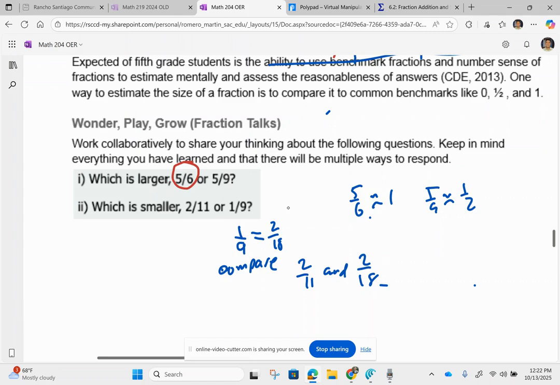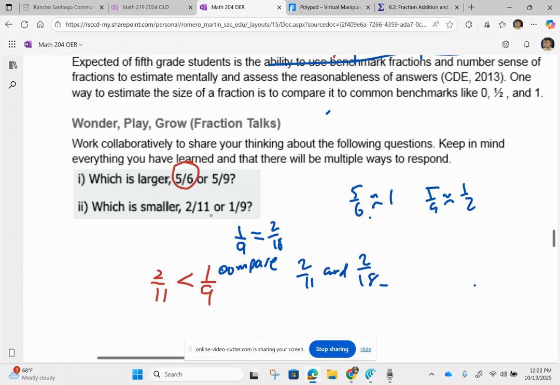Well, one way is, again, we know these are close to 0. I know 1/9 is bigger than 1/11, knowing those. So if I turn 1/9 into 2/18, we can now compare. In this case, 2/11 is bigger than 1/9 because 2/11 is bigger than 2/18.